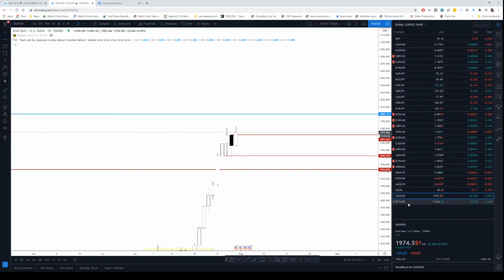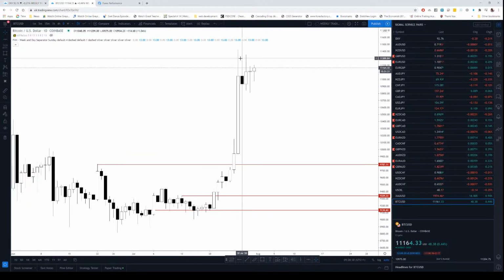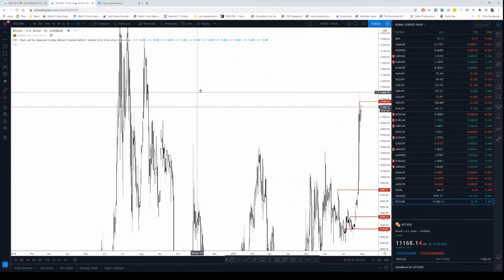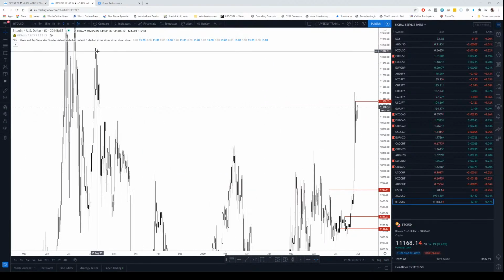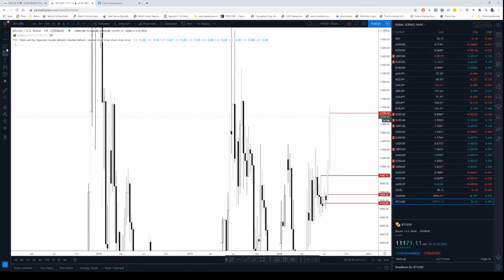And Bitcoin, that's something similar. This down candle is rejecting, so we have not closed above it yet. But if we do close above it, again, you know what to do. You should look for upside objectives. On the weekly, I did mention the next upside objective should be here, looking for a run above that high.